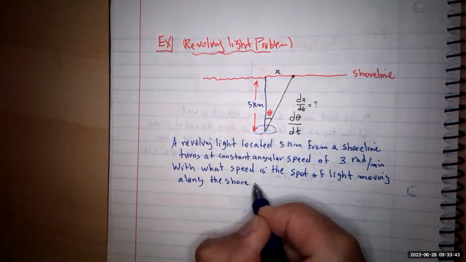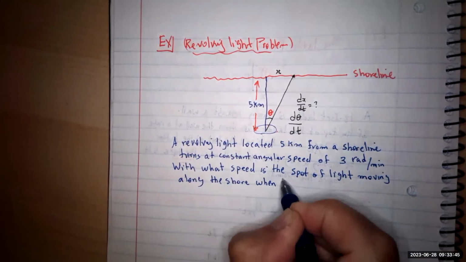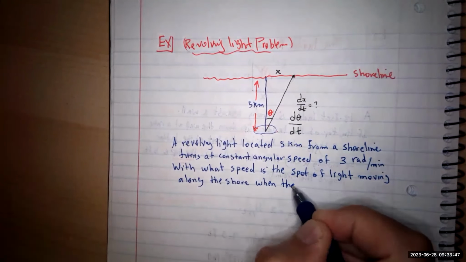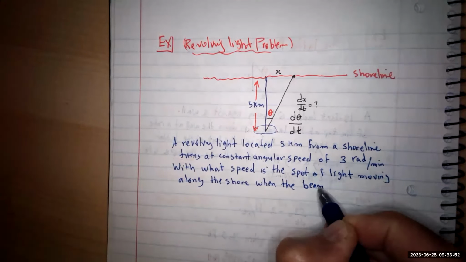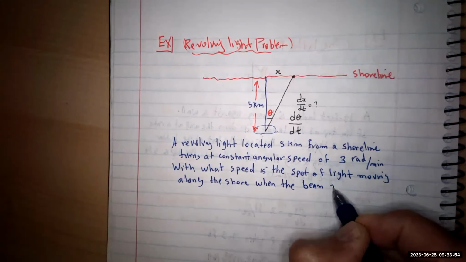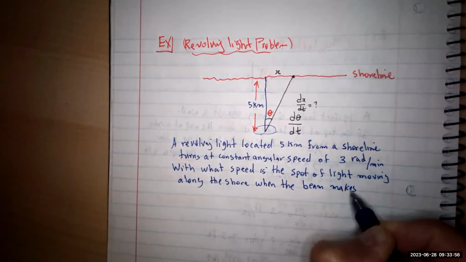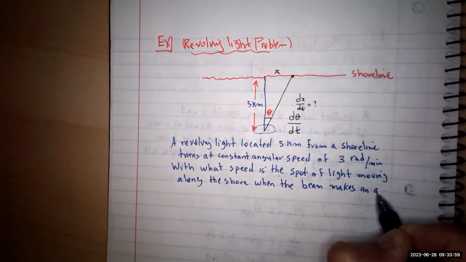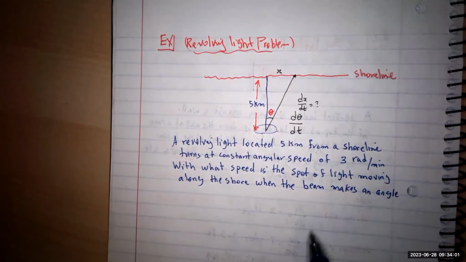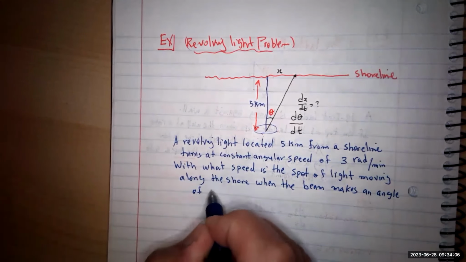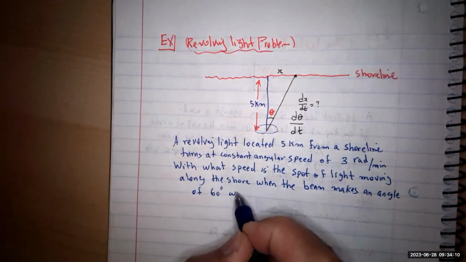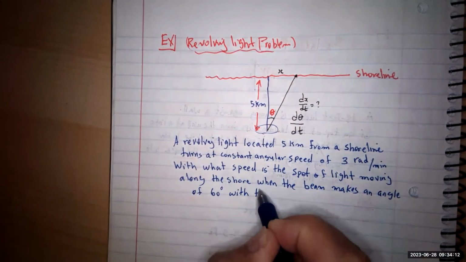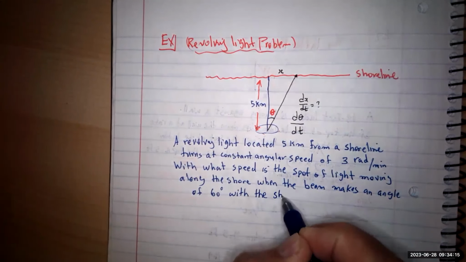Of course, this is when the beam of light makes an angle of 60 degrees with the shoreline.